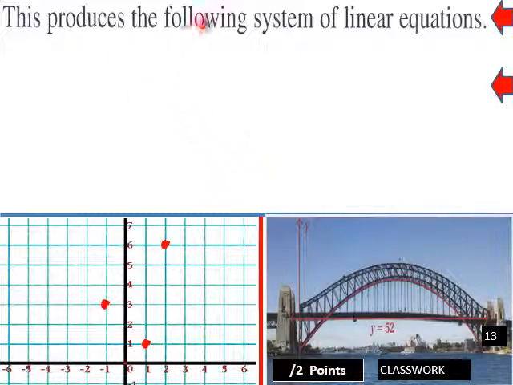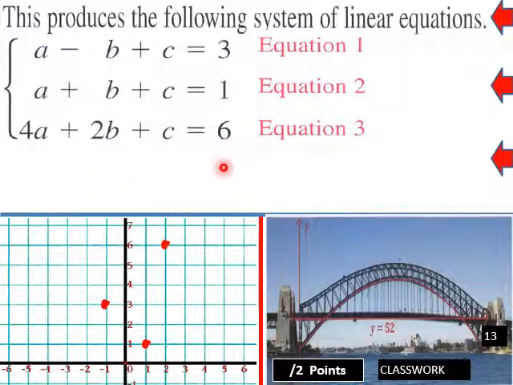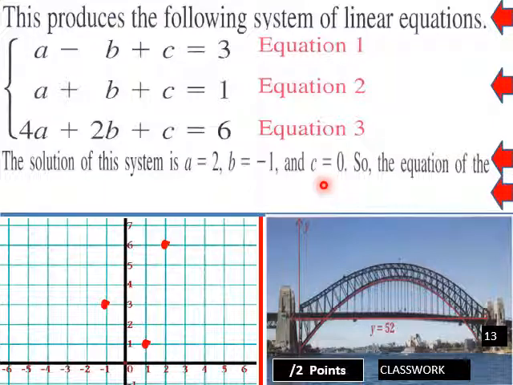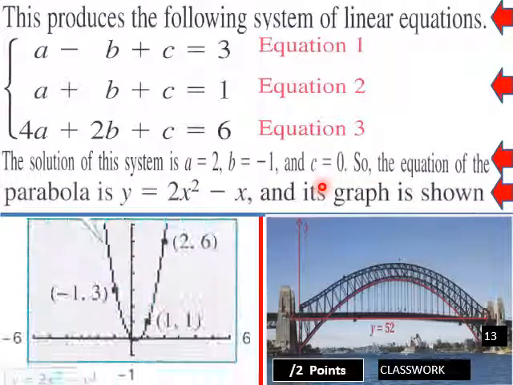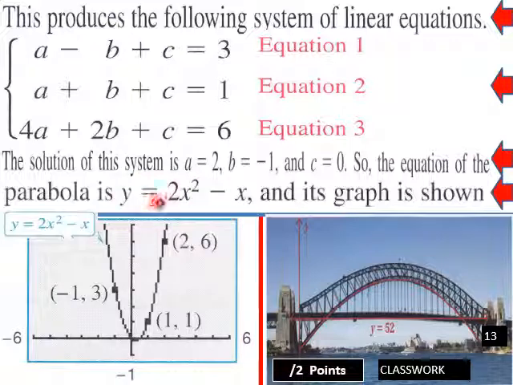Well, this produces the following system of linear equations: a minus b plus c equals 3, a plus b plus c equals 1, and 4a plus 2b plus c equals 6. The solution of this system will be a equals 2, b equals negative 1, and c equals 0. So the equation of the parabola is y equals 2x squared minus x, and here is the graph of that solution.